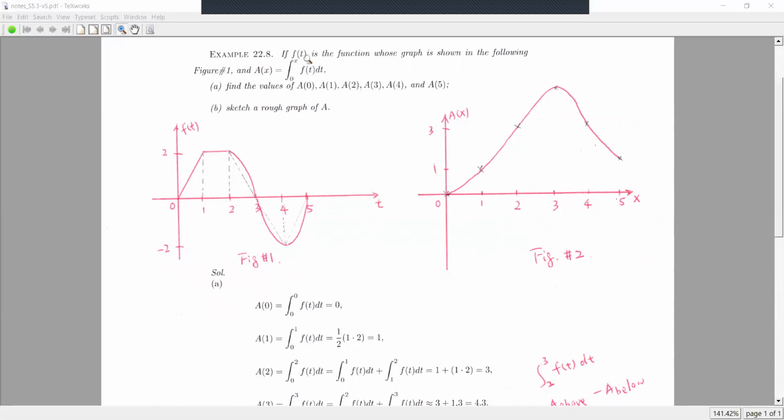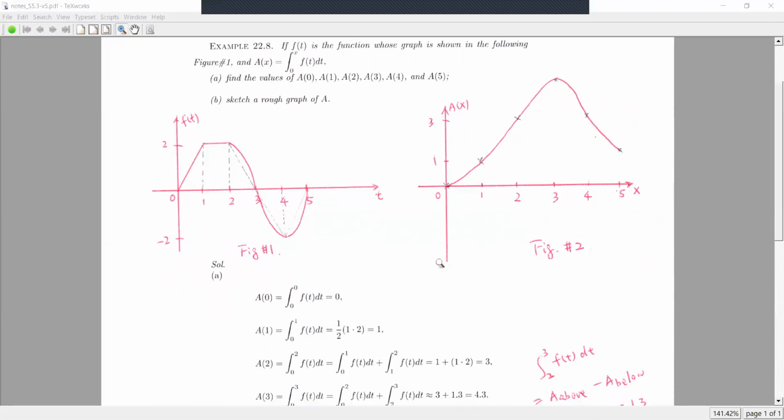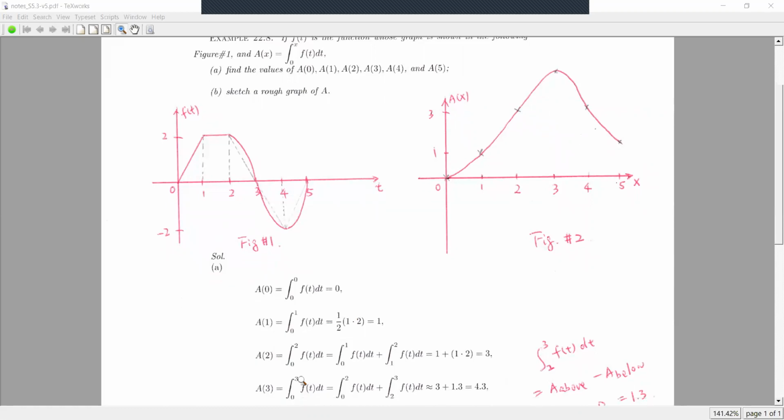Now, A of 2. Plug in 2 for x, then A of 2 is this integral, the net area between 0 and 2. I want to use what I got here: the integral from 0 to 1 is 1. So I split this integral from 0 to 2 into the integral from 0 to 1 plus the integral from 1 to 2. The integral from 0 to 1 is 1.